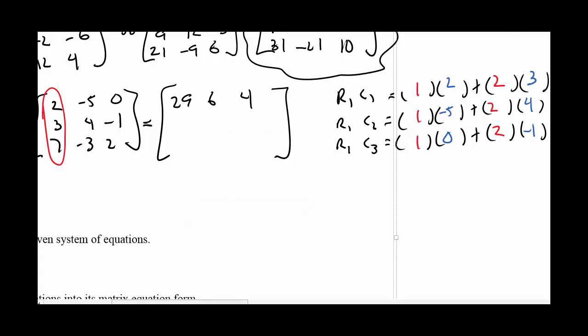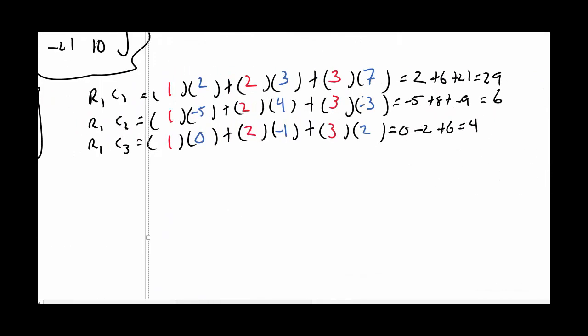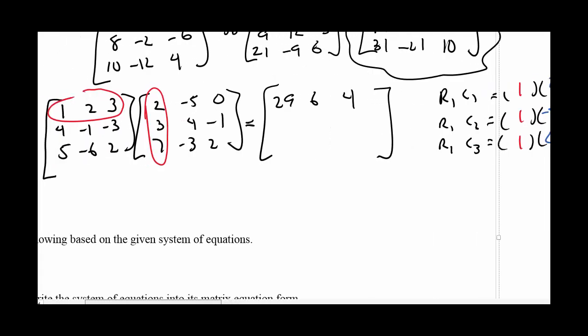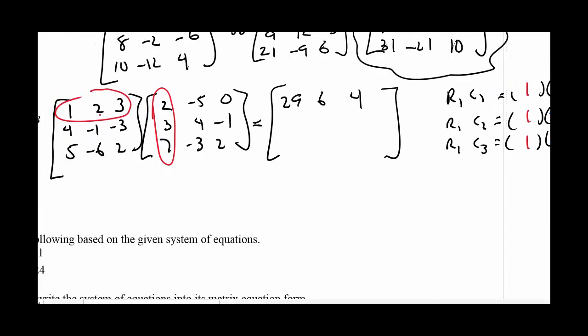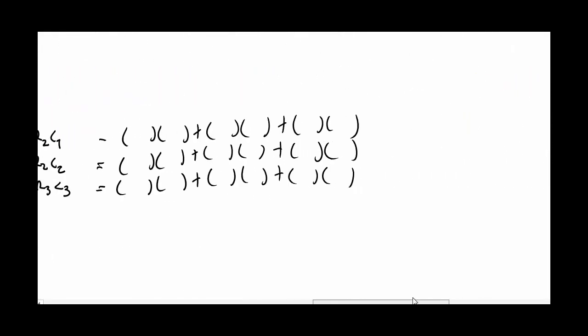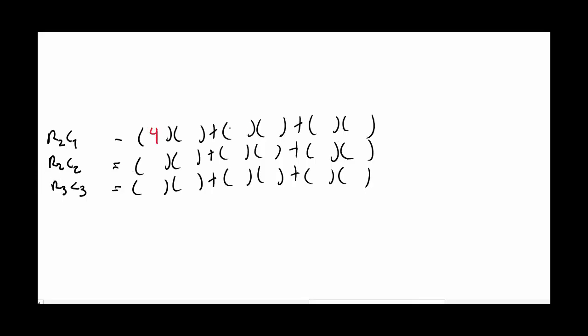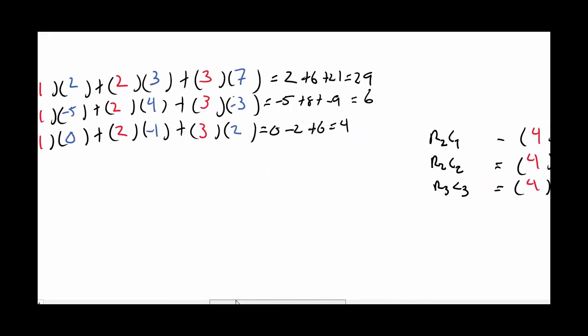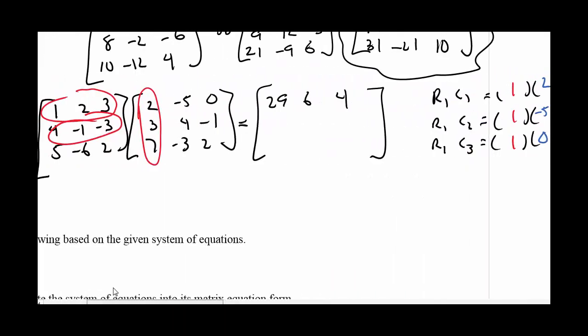Okay, so next up is to find the row 2 numbers. The row 2 numbers are right here, the 4, -1, -3. So let me go fill in those blanks. 4, -1, and 3. All right, and then I need my columns.